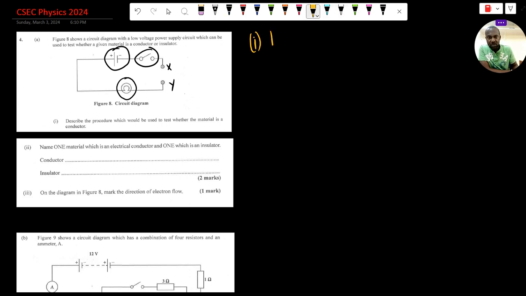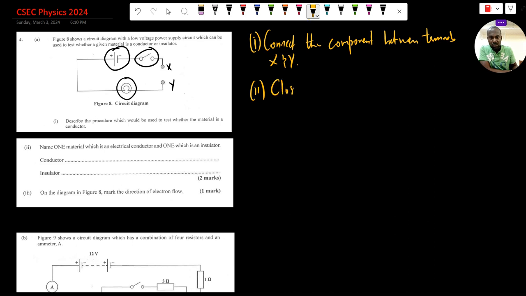So we could say: one, connect the component between terminals X and Y. And then two, after we do that, we close the switch.